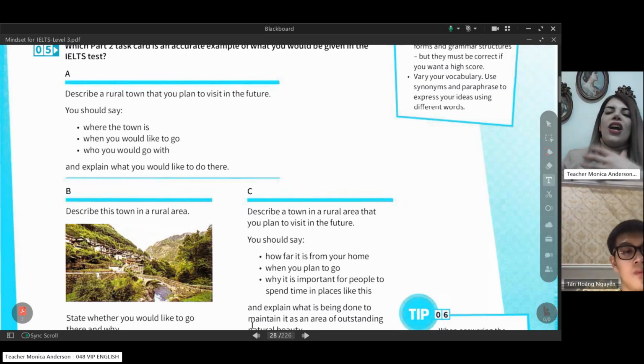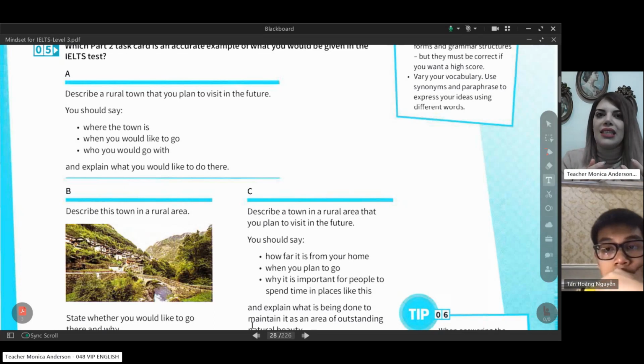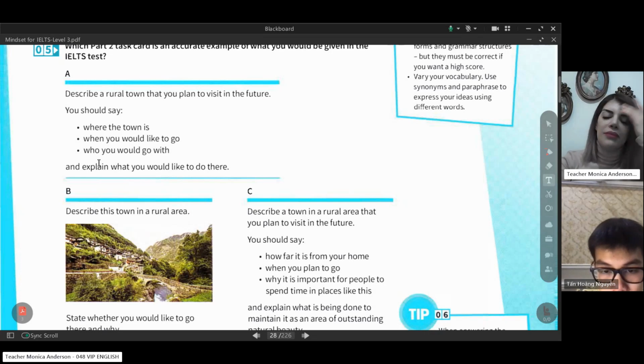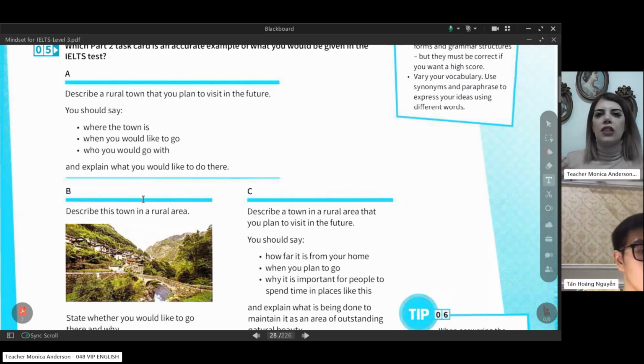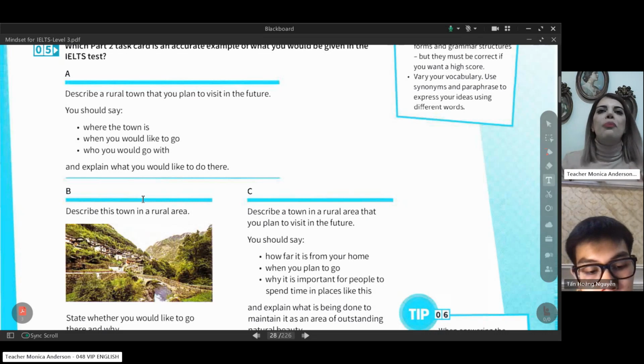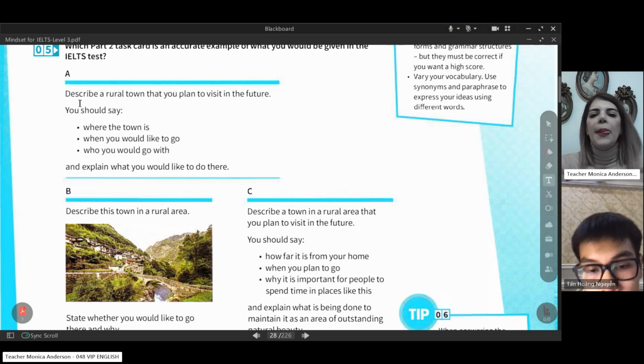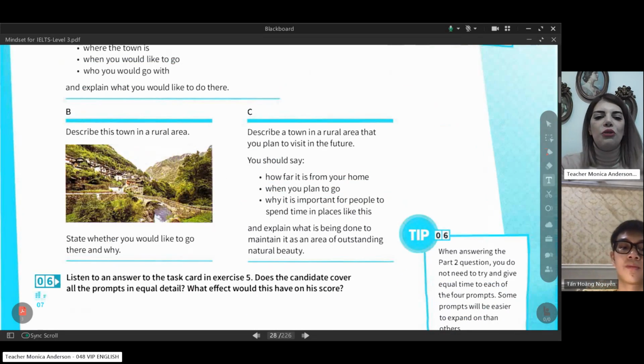I have more vocabulary, more idiomatic phrases, so why not? Some students think that they need to talk about all of them equally. No, first and second in detail, more examples, more details, but with the third one, I definitely talk about it, but not as long as the first and second part. Okay? Well, now it's your time to make your answer.